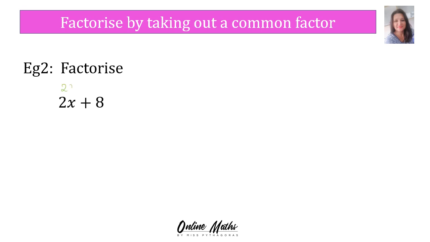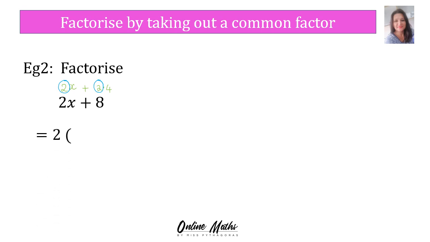Again, I suggest let's go to the 8. Well, there's the 2 times x plus, and then 8 can be written as 2 times 4. So it's very clear that the highest common factor is this 2 and that 2. So we will factorize by taking out 2 as a common factor.